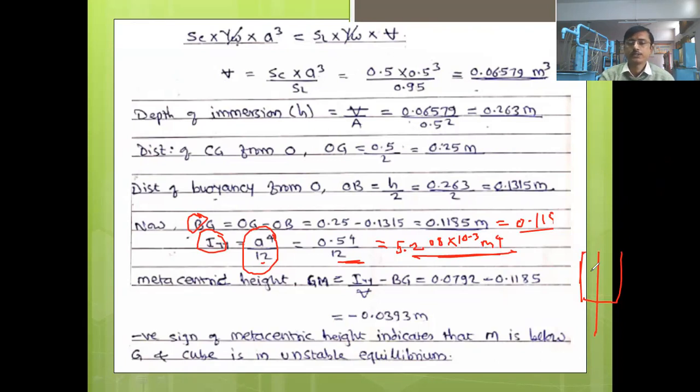The same value is written here, so I got the correct answer. This answer and my answer is correct. So we get here the minus sign. So the metacentric height is negative.